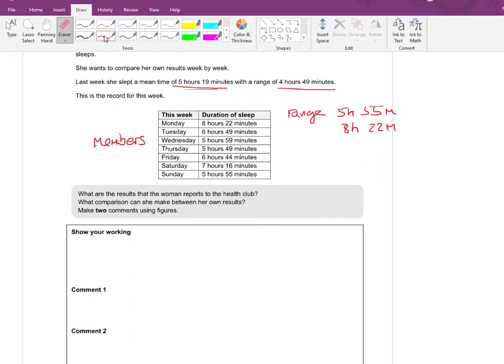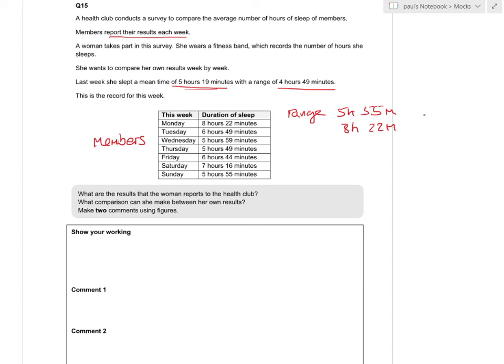What's the difference between those two times? So we got 5 minutes, takes us up to 6, 7, 8, 2 hours. 5 minutes, 2 hours, and then the 22 minutes. So it's 2 hours and 27 minutes. So range of 4 hours.